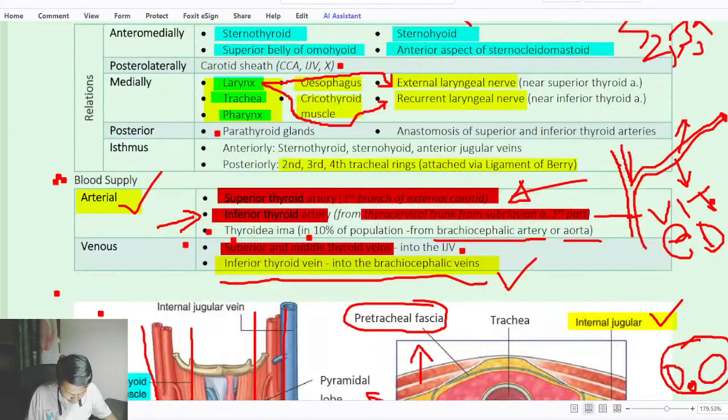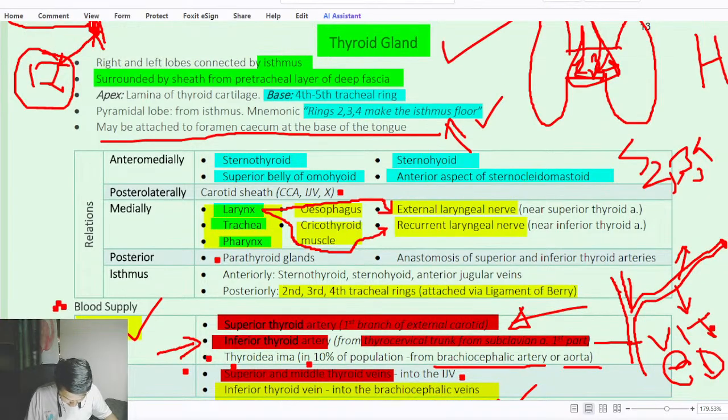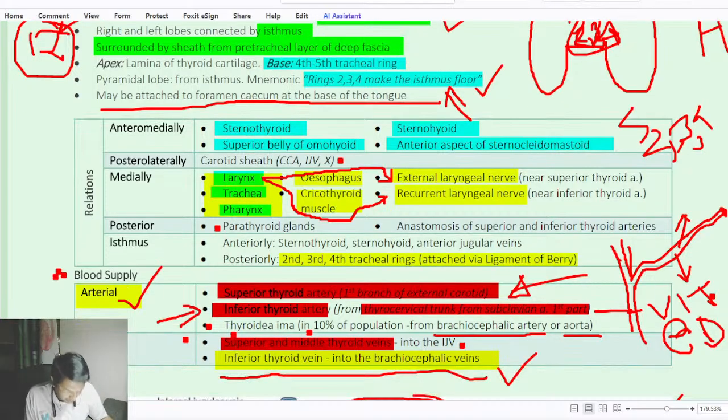Now, the thyroid gland. Explain the blood supply of the thyroid gland. Difficult one. Artery supply and venous drainage, both you need to cover. The blood supply is coming from the superior and inferior thyroid arteries.